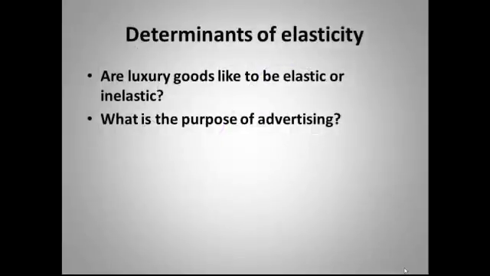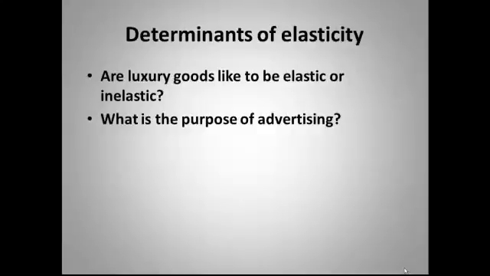So you have some questions about determinants of elasticity. Goods are more likely to be elastic if they're luxury items rather than necessities. They're more likely to be elastic if they take up a relatively big chunk of a consumer's income, or if there are readily available substitutes. So what about advertising? Well, advertising is all about making substitutes less attractive, right?